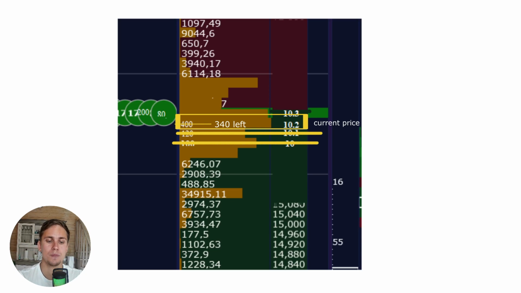However, to make the price go higher, the next market participants have to execute the remaining part of those 400 contracts placed above.